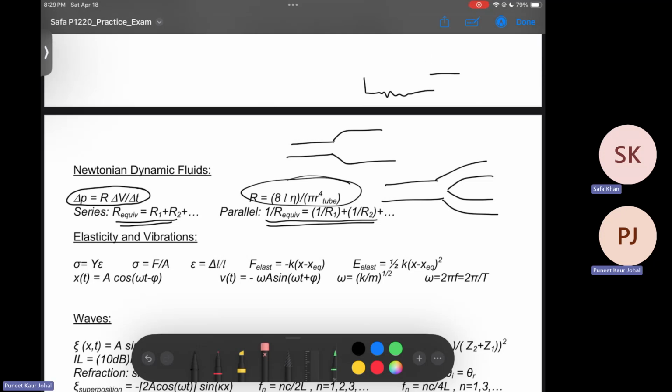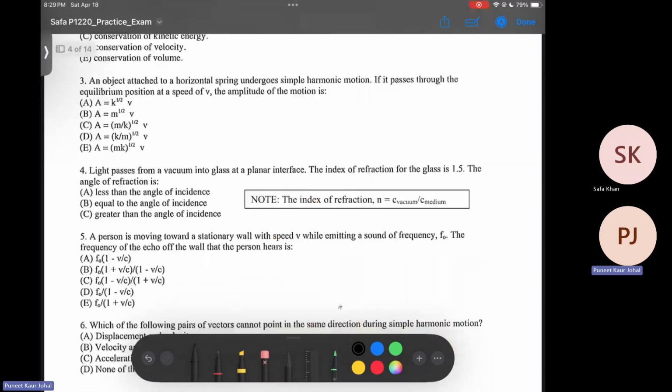So this is the formula that has delta V over delta T. It has R, we just calculated R, and then it has the change in pressure. So what we're going to do is calculate the change in pressure. We already have R, and then we'll be able to calculate the volumetric flow rate.